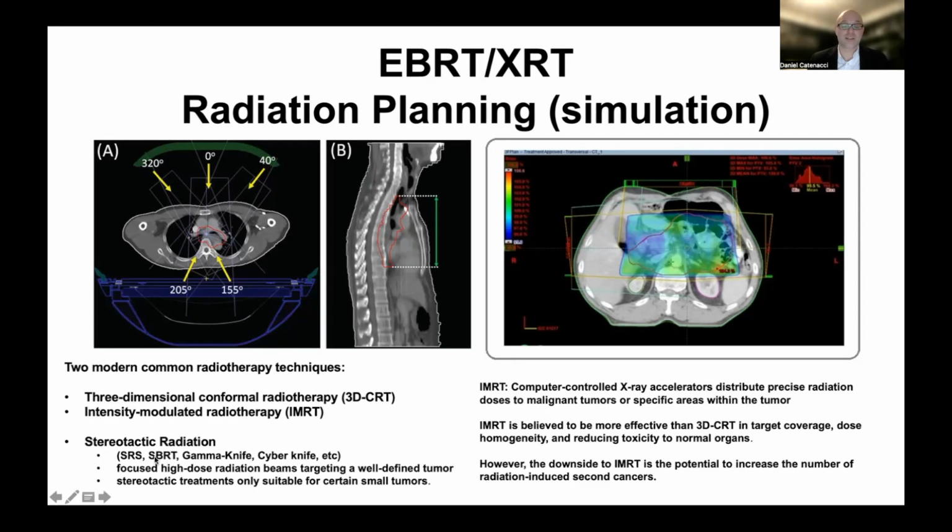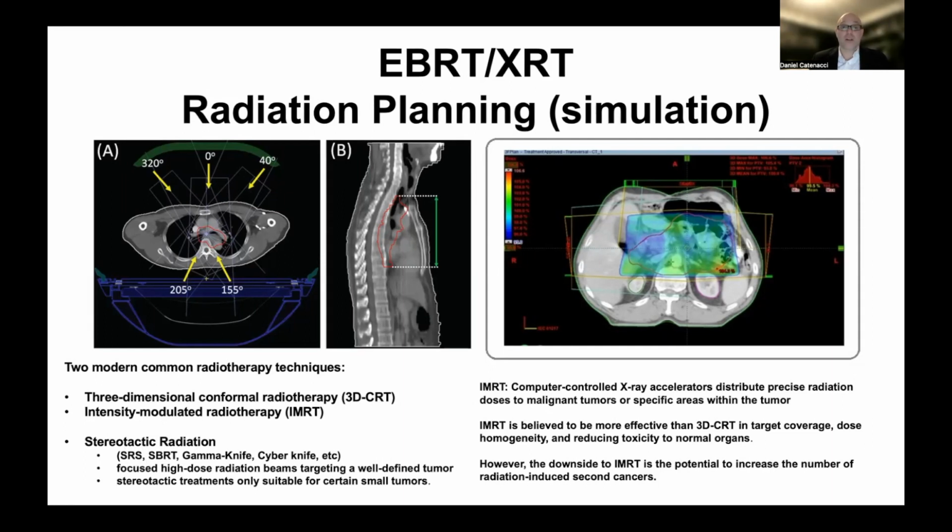These are essentially the same thing, as is Gamma Knife, CyberKnife, and a whole bunch of other names that all refer to the same thing, which is basically just high-dose focused radiation beams that are targeting a well-defined region. And so this is really used only for really small tumors, hence why it's used in the brain, for example.